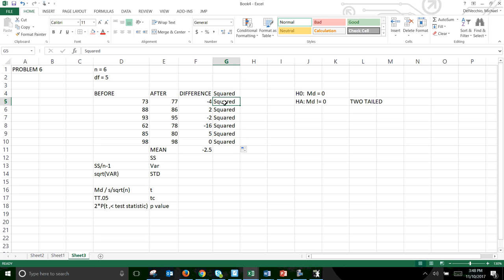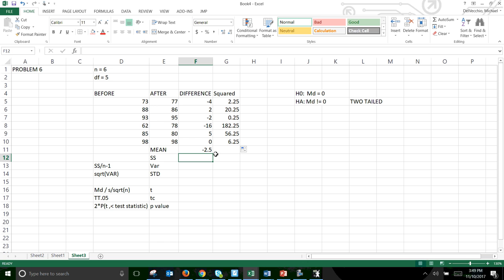All right, let's try again. So this equals the difference minus my mean, and my mean I want to use every time, so I'm going to use F4. And then I'm going to take that whole thing and square it. Okay, that looks better. And copy that down. All right, there we go.